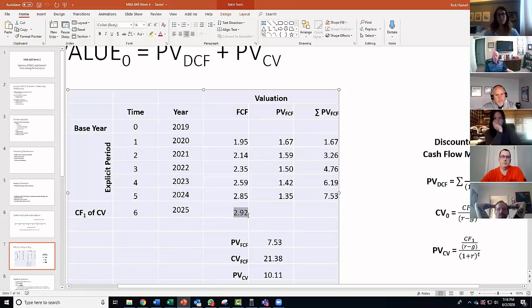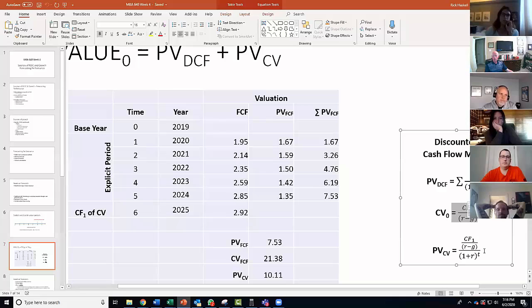This number is critical. This is my number in period 1 of continuation time, which I use in the numerator of my Gordon growth equation, and I divide it by R minus G so that I get a continuing value that expresses the value at that moment in time of all future cash flows. And when is that moment in time? Well, the equation says it's at year 0.